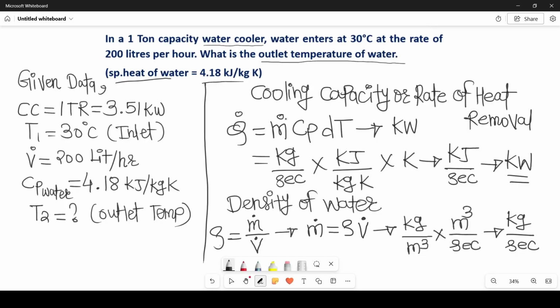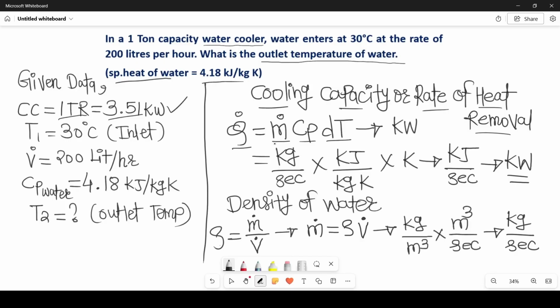So the cooling capacity or the rate of heat removal inside this water cooler can be written as Q dot is equal to m dot Cp delta T, where Q dot is the cooling capacity which is given to us, 1 TR, 1 ton of refrigeration, which is equal to 3.51 kilowatts.